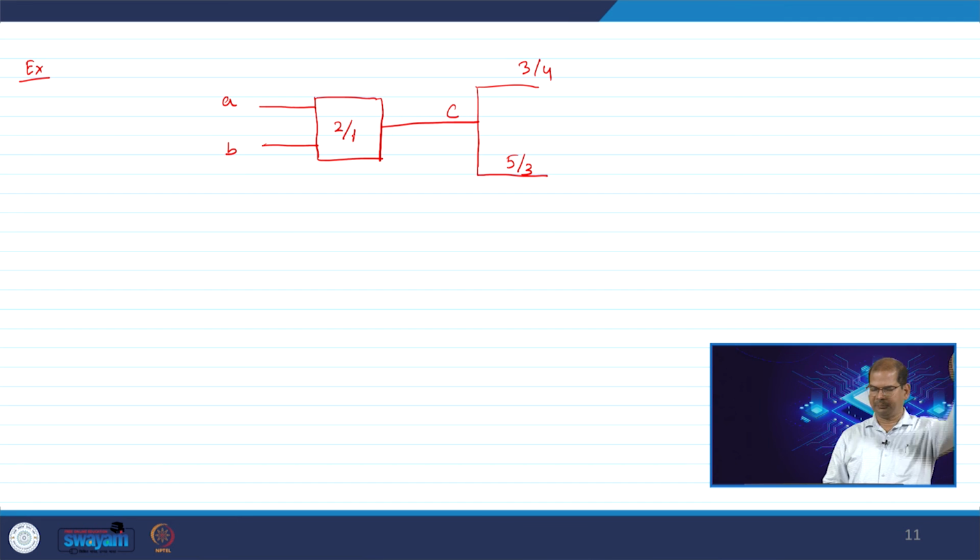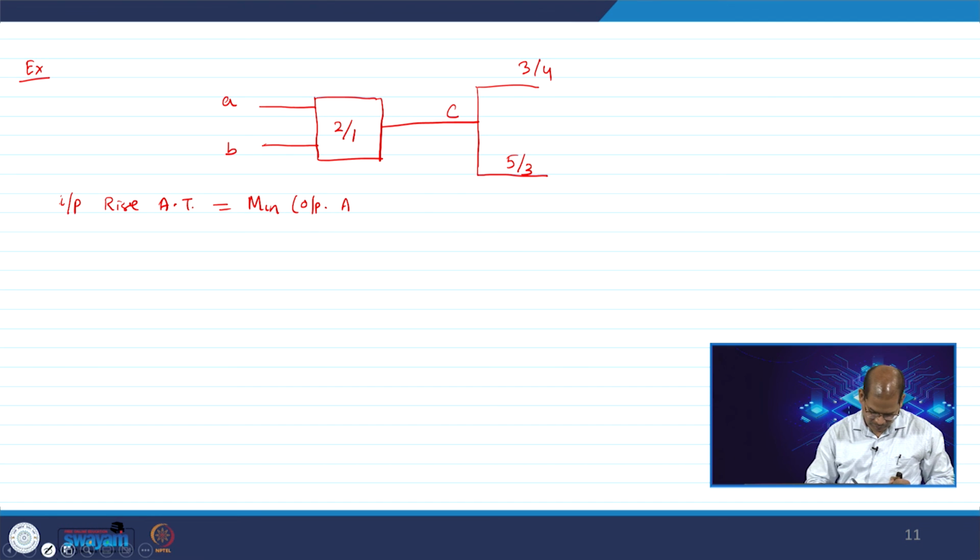Now, I need to find the input arrival time at A and B. This is given to me and I have to find the input arrival times at A and B. So, the input rise arrival time is basically the minimum of output rise arrival time minus rise delay.